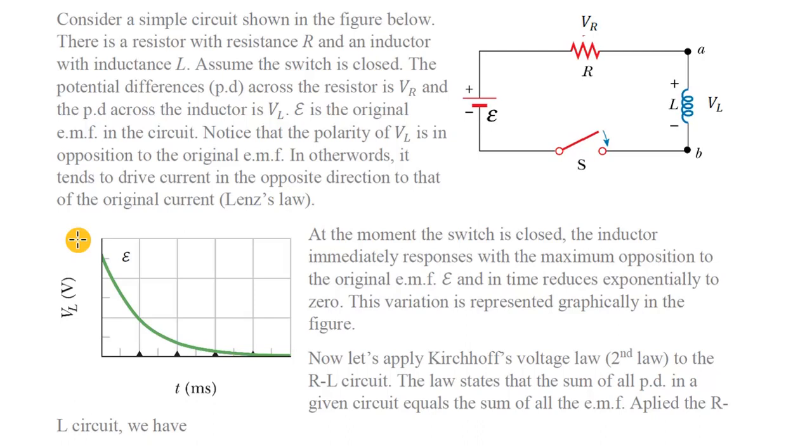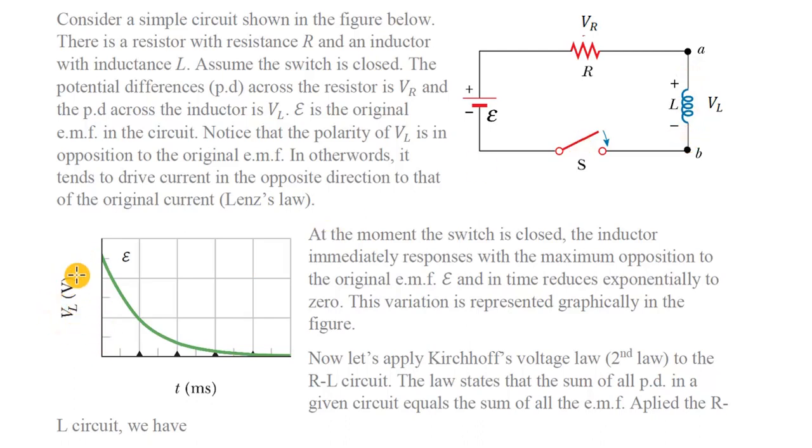So if we were to plot this side to be the current, then we can talk about the current flowing through the circuit at any time. If this side were the current flowing through the resistor or the inductor, indeed, the current through the resistor will be the same as the current through the inductor at any given moment.